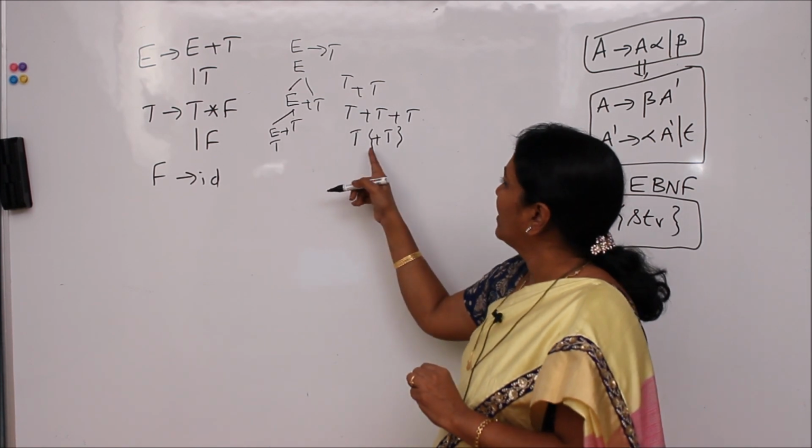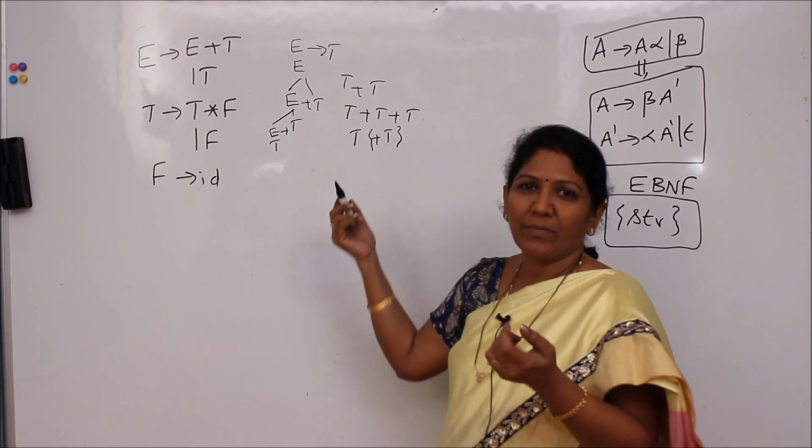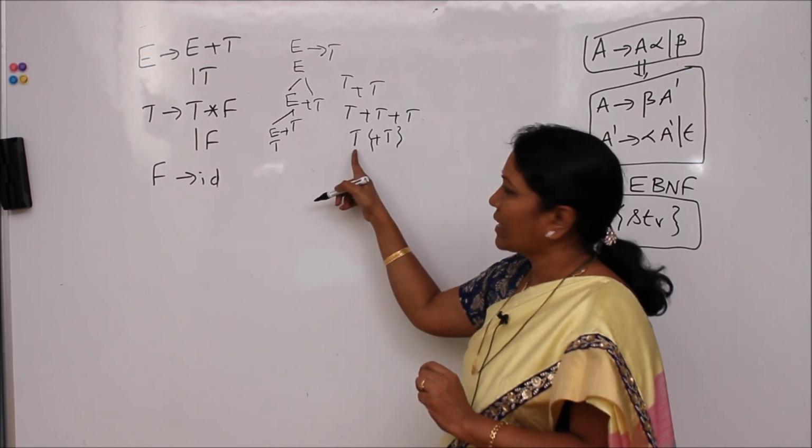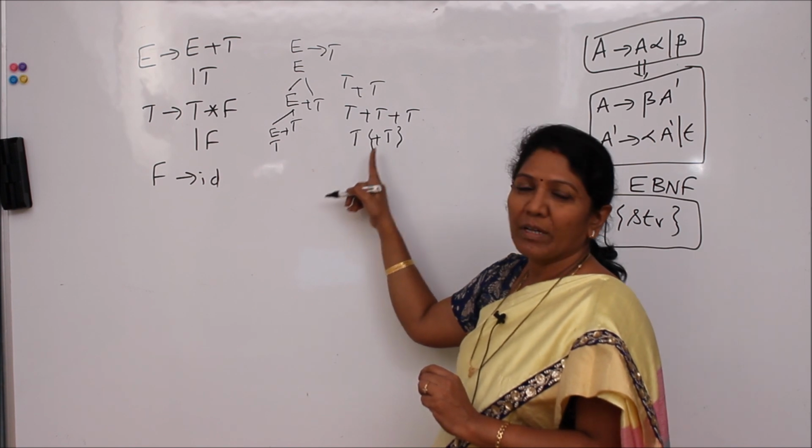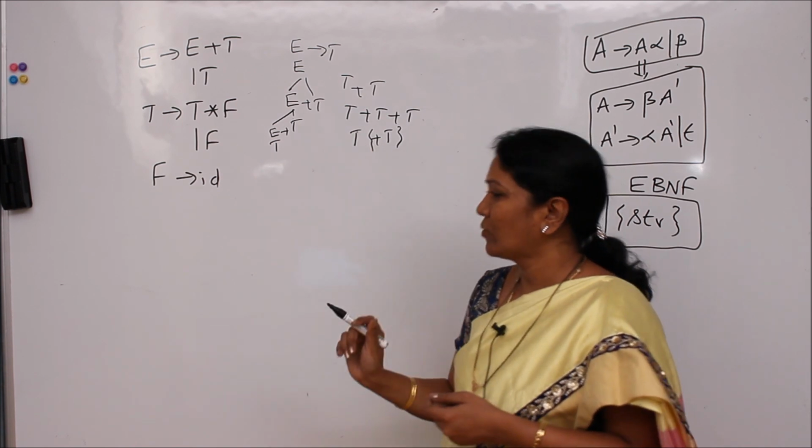So it defines T followed by plus T any number of times. If it is 0 times, it is only T, 1 or more times means T plus T and so on.